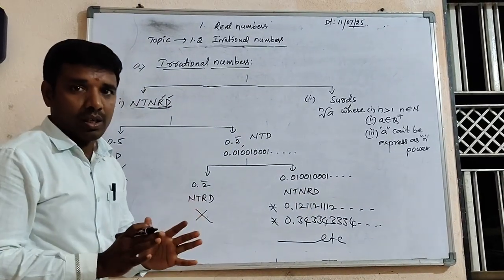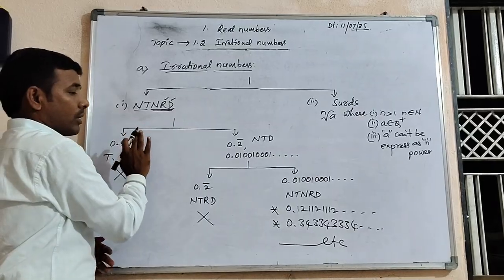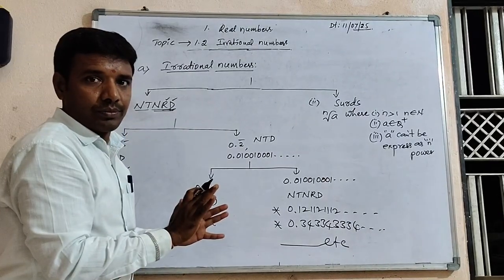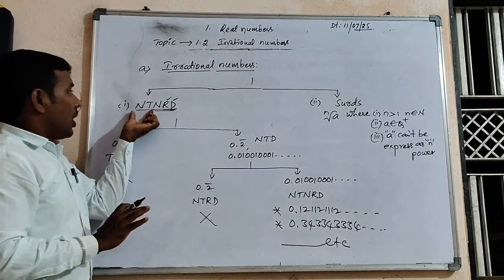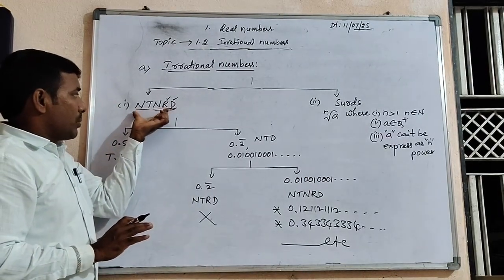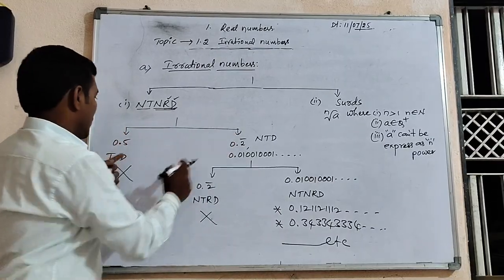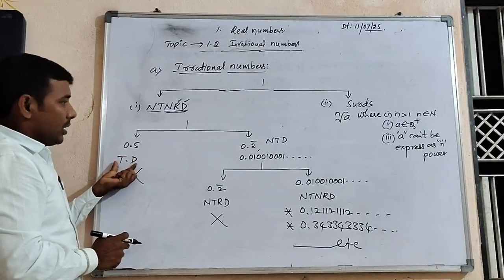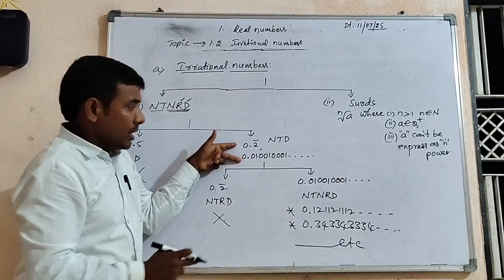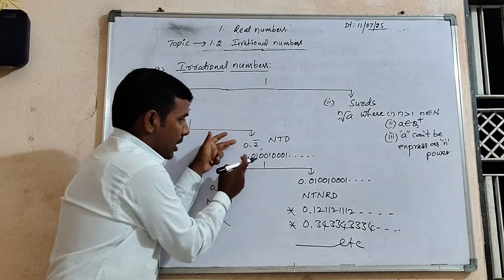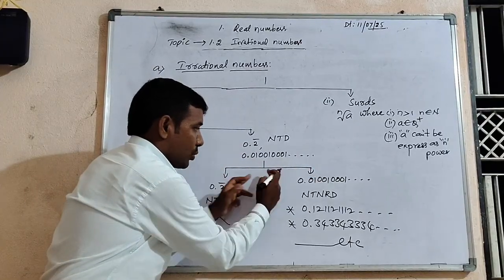I think you got it clear. This is about Roman number 1. Okay, now can I give a short conclusion about this? Non-terminating, non-repeating decimal is my main concept. I made two parts. One side I wrote terminating decimal, one side non-terminating decimals. On the non-terminating decimal side I gave two examples and divided them into two parts.